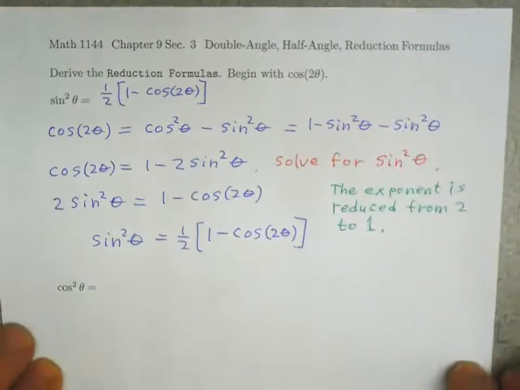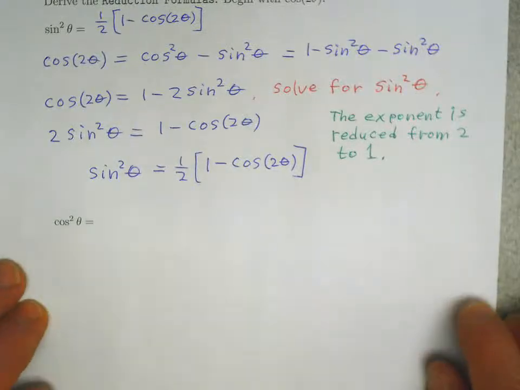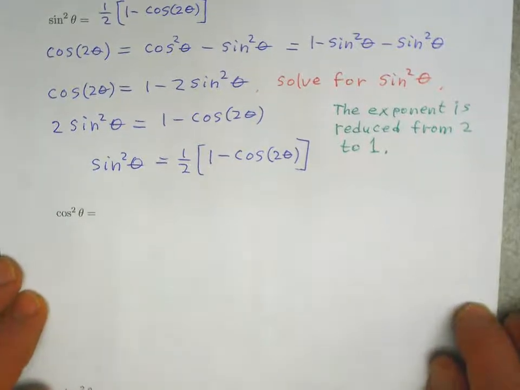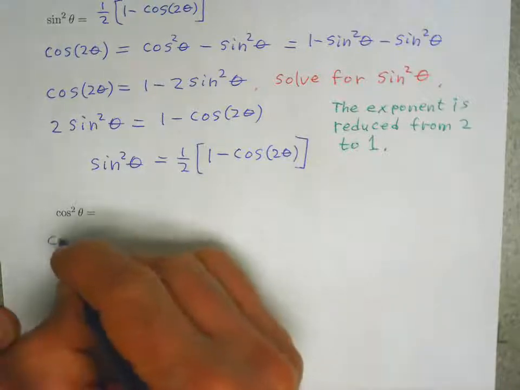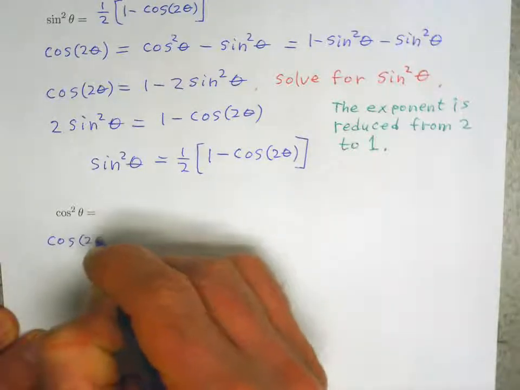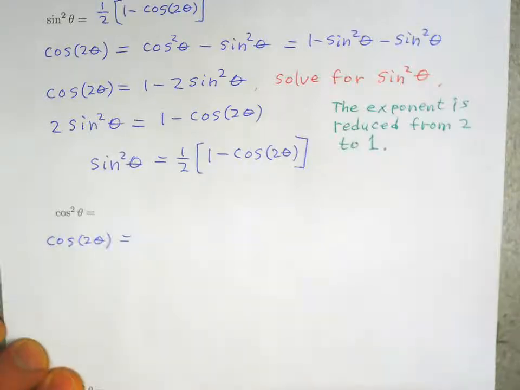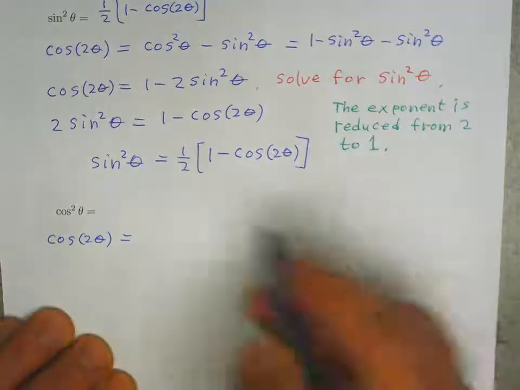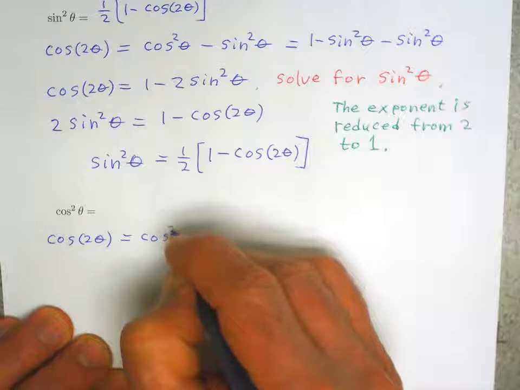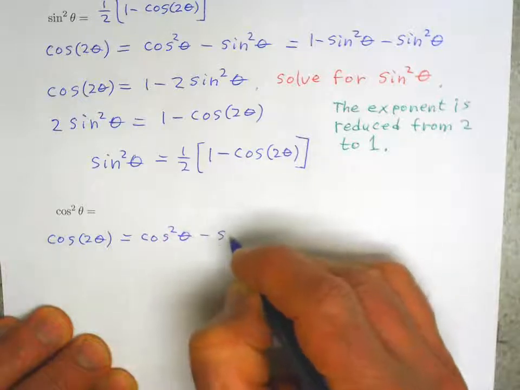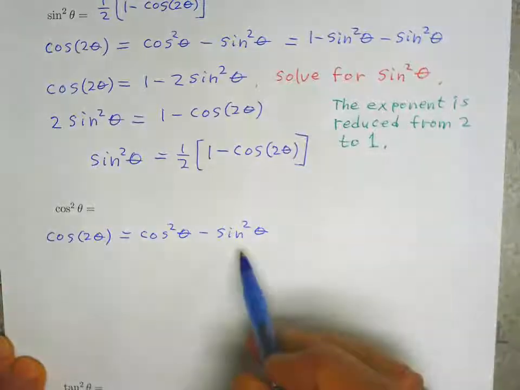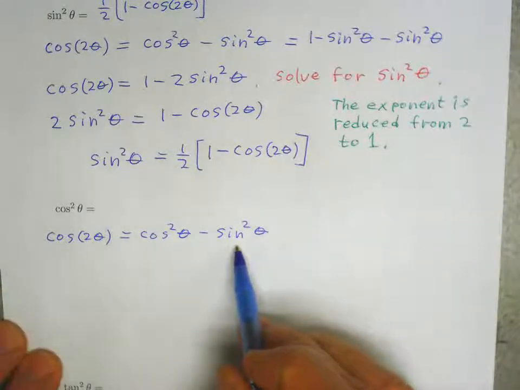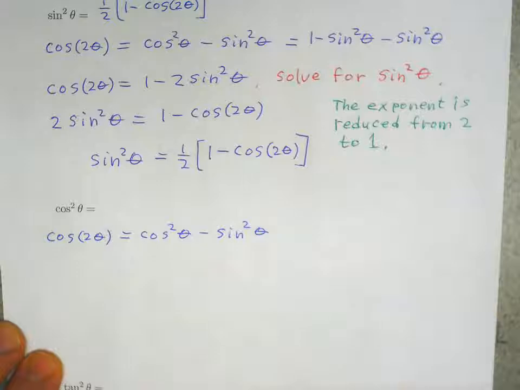Okay, we'll come up with a reduction formula for cosine of theta squared. So once again, we begin with cosine of 2 theta. Cosine of 2 theta is cosine of theta squared minus sine of theta squared. And this time we're going to replace sine of theta squared with 1 minus cosine of theta squared.